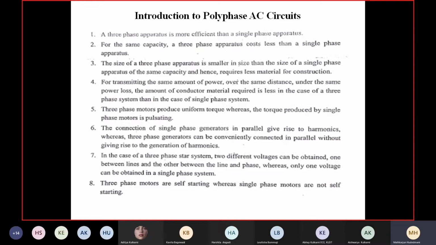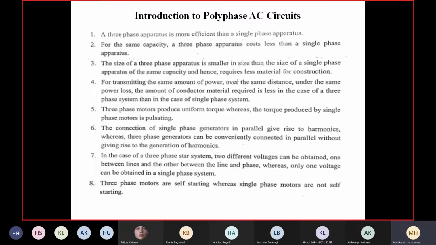Under this polyphase AC circuit, we are confining ourselves to three-phase AC circuit only. When I have n phases, n may be 10 phase, 20 phase, any number, then 360 divided by the number of phases, when I take that fraction, gives the vectorial difference between the voltages.